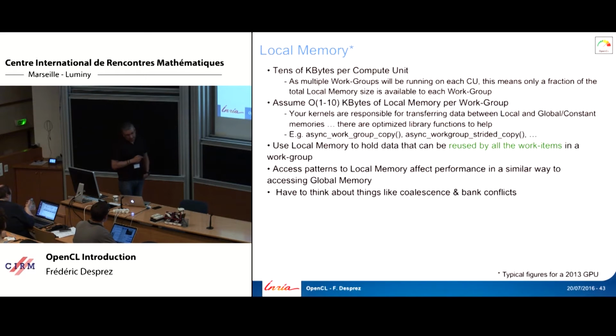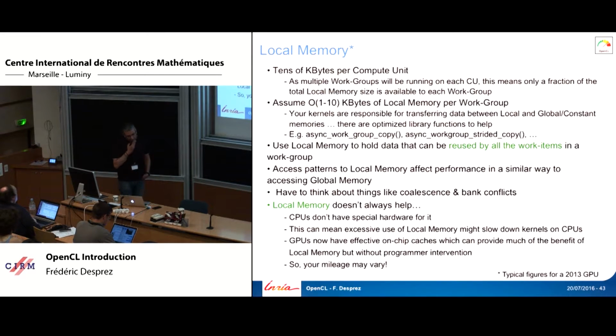So this access to the memory may affect the performance because it's quite fast and it's shared between different work items. And so you should avoid bank conflicts, for example. So it doesn't always help. Some CPUs don't have special hardware for this local memory.